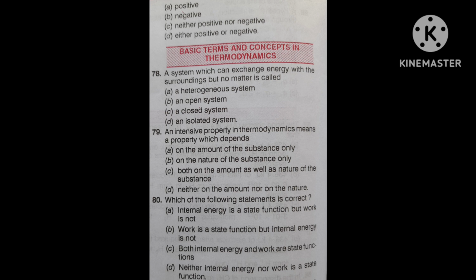For spontaneity, the total change in entropy, that is the entropy change of system plus entropy change of surrounding, must be greater than 0. Why greater than 0? Because delta S measures disorderliness, disorder. When disorder increases, it should be positive, because molecules are breaking and going ahead, so entropy will change.